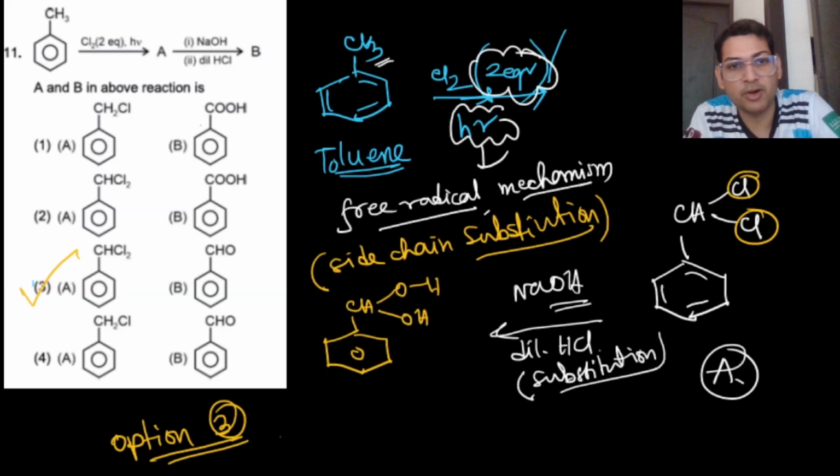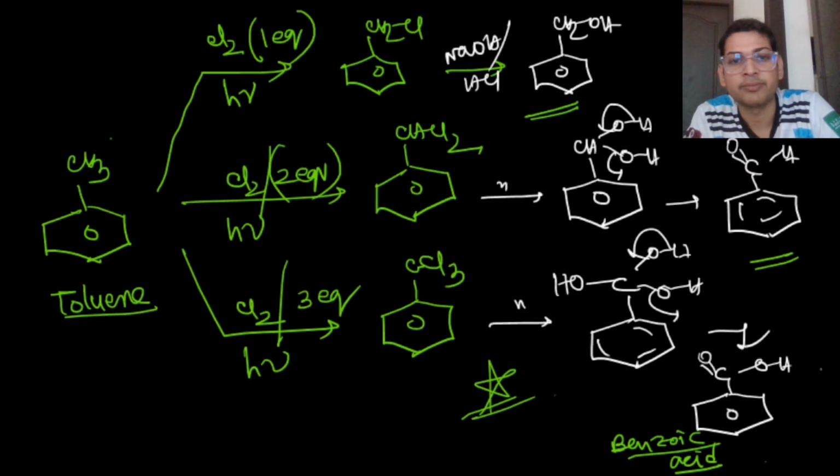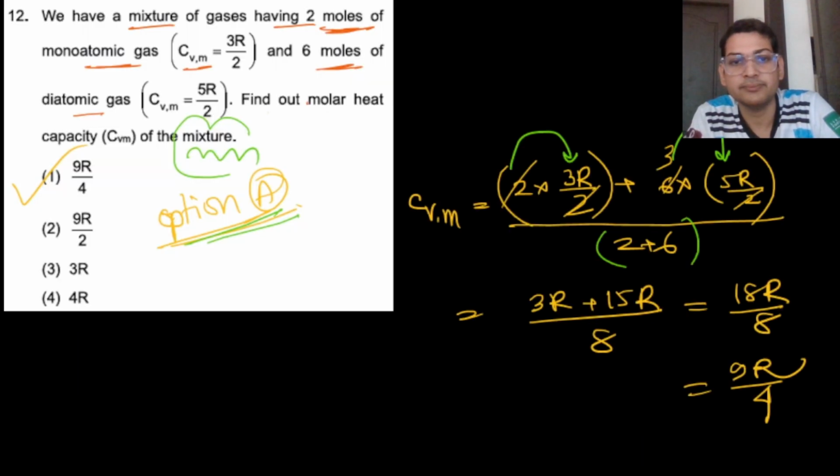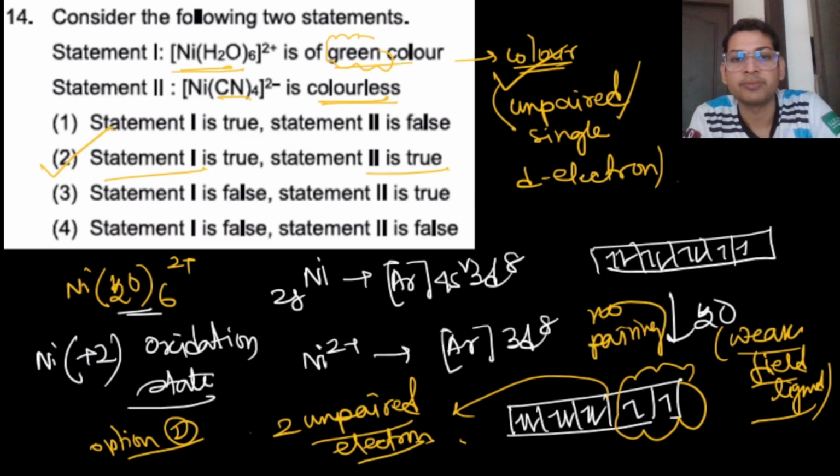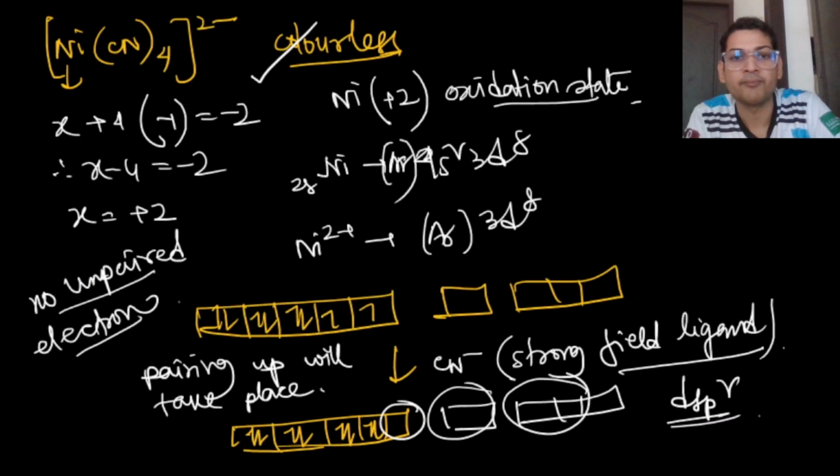Then this reaction from organic, it's a very good reaction, it is done. Then this is also from thermodynamics, done. This is from haloalkane haloarene chapter, that RX with KCN will give RCN, with AgCN it will give RNC, done. And this is from coordination complex, strong field, weak field ligand, done.